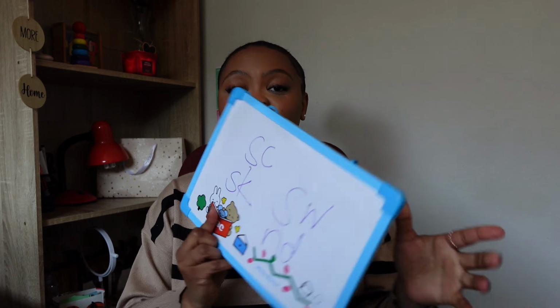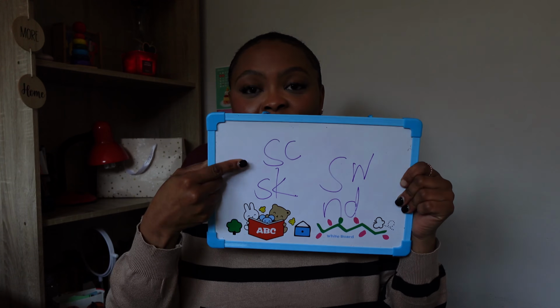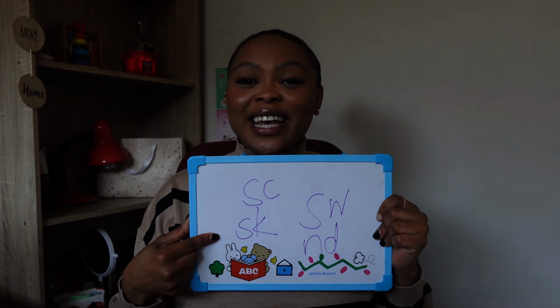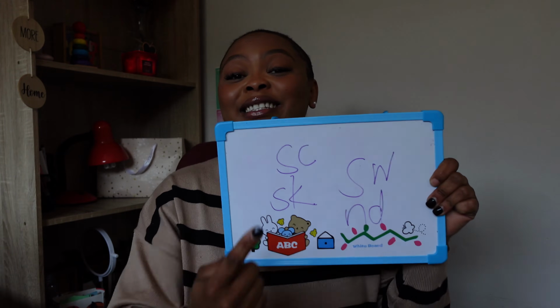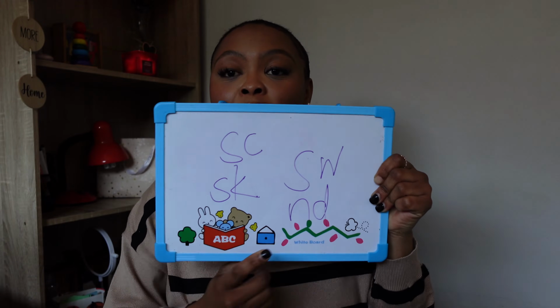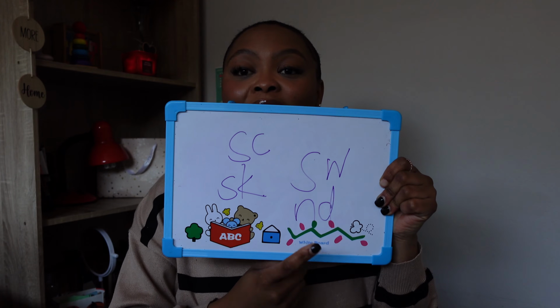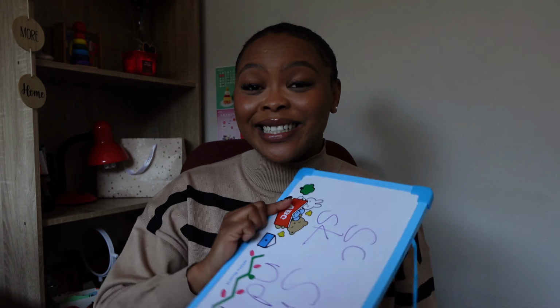So the SC, which says SC, the SK, which says SK, the SW, which says SW, as well as the ND, which says ND. That is level 4. So you now have level 1, level 2, level 3, as well as level 4. Let us move swiftly on to level 5.